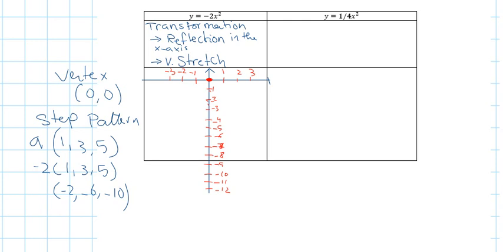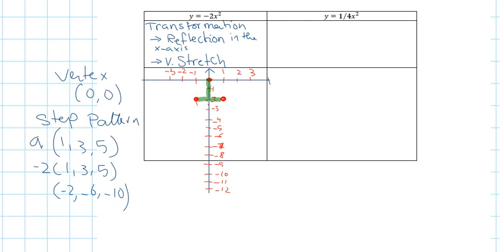So from the vertex, I'm going to go 2 down, and then 1 to either side. That's going to be my next point. Do we understand that? Now, how much down do I need to go from there? 6. That's why it says -2, -6, -10, because that means you're going to go down 6 over 1.